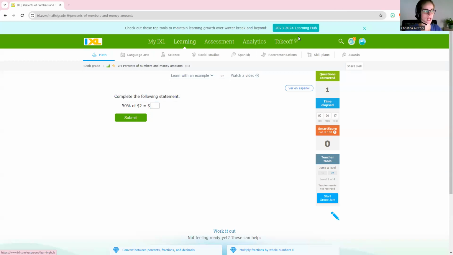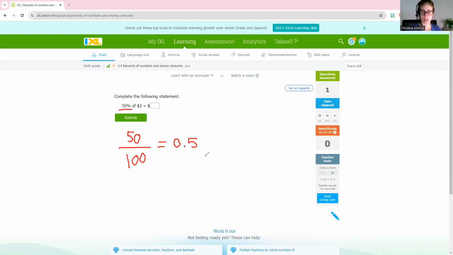All right, let's check this one out. We want to find 50% of $2. We're going to use the first method to solve this one. We're going to take our 50% and use our calculator to help us divide it by 100 to get the decimal form of our percentage, and that is 0 and 5 tenths.